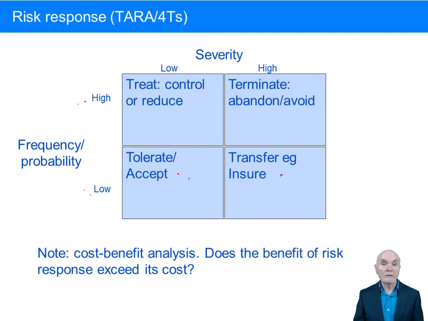We're controlling or reducing the risk as best we can, or treating the risk, as it's called. So we can treat the risk, avoid the risk, tolerate or accept the risk, and transfer the risk. These are the 4Ts or the TARA type of framework.